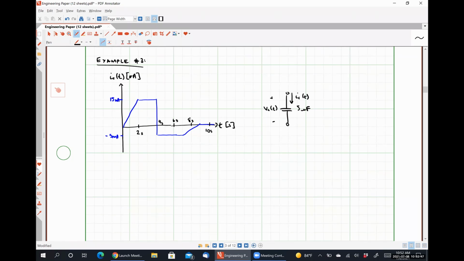How would we determine the power absorbed by the capacitor? So we want PC of t at t is equal to 3 seconds.